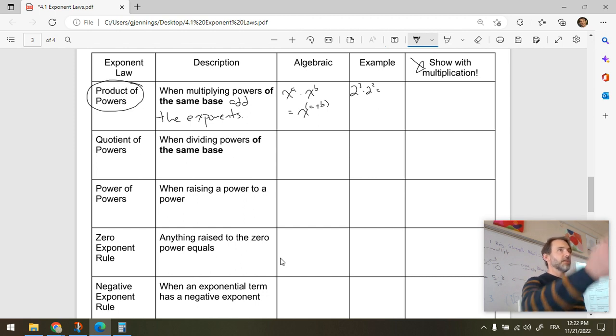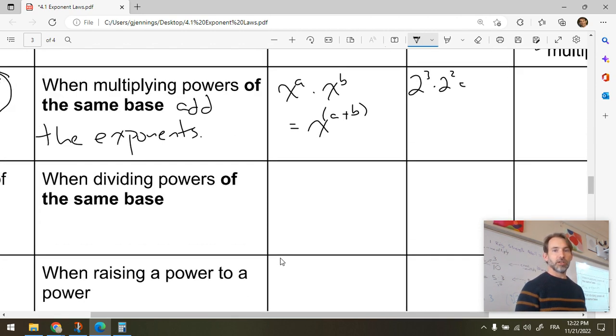So that's going to be equal to 2 to the 3 plus 2. That's equal to 2 to the 5.